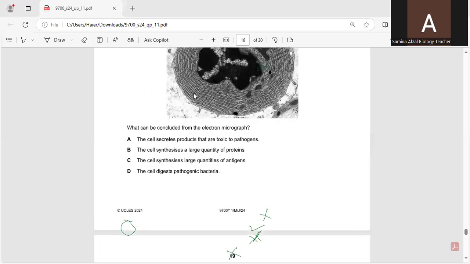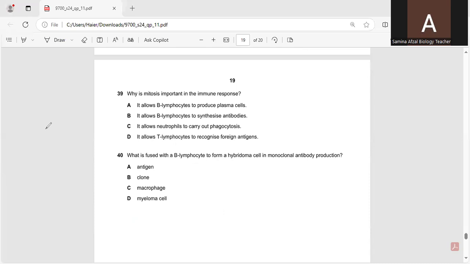Now question number 39. Why is mitosis important in the immune response? It allows beta lymphocytes to produce plasma cells. Yes, plasma cells. It allows beta lymphocytes to synthesize antibodies. No, this is not the correct option.